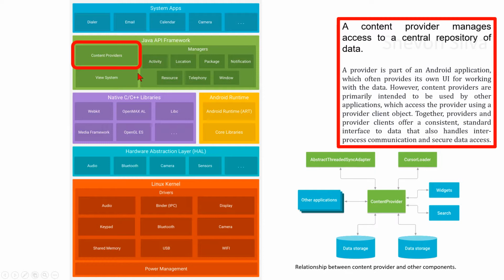However, content providers are primarily intended to be used by other applications, which access the provider using a provider client object. Together, providers and provider clients offer a consistent standard interface to data that also handles interprocess communication and secure data access.